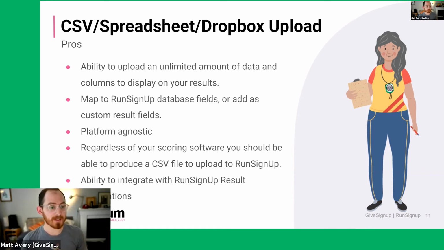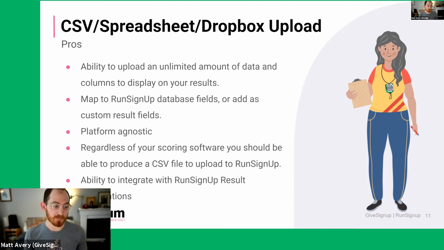What's really nice is it allows you to map to RunSignup database fields or as custom result fields. It's platform agnostic. It doesn't matter if you're using any kind of scoring software, a web score or something else that we don't support for direct integration. Regardless of your scoring software, you should be able to produce a CSV file to upload in this method.